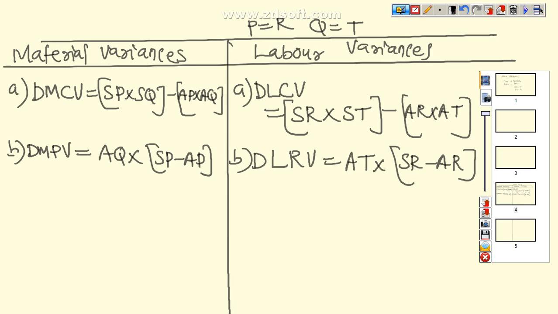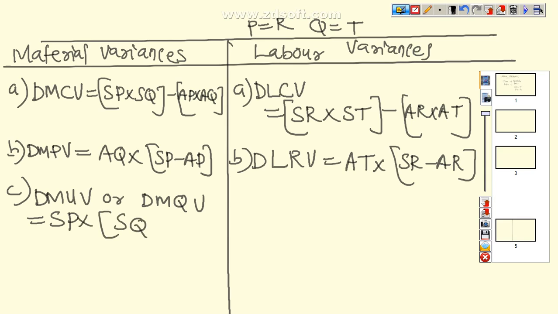And the third formula is direct material usage variance, also known as direct material quantity variance, that is equal to standard price multiplied by standard quantity minus actual quantity. Here we change it to direct labor.